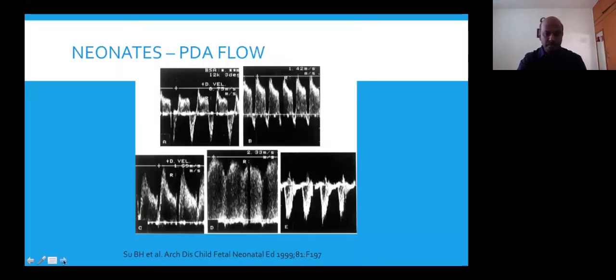So these are all some examples of Doppler velocities across the ductus. As you can see here, this is a bidirectional shunt. In systole, you have a left to right shunt, and in diastole, you have a right to left shunt, which indicates bidirectional shunting, high PA pressure. This indicates a predominantly left to right shunt with systolic accentuation, diastolic pressure coming down slightly, not to the baseline like here, which would indicate that there is moderate shunt even during the diastolic phase.